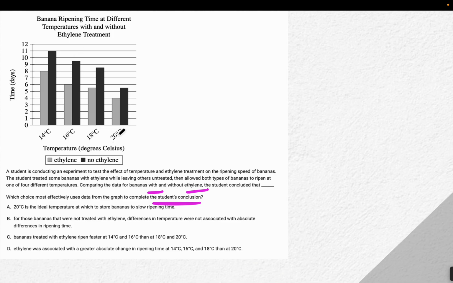Let's see, 20 Celsius, ethanol and no ethanol. With ethanol it's 4 days, no ethanol it's 5.5 days.